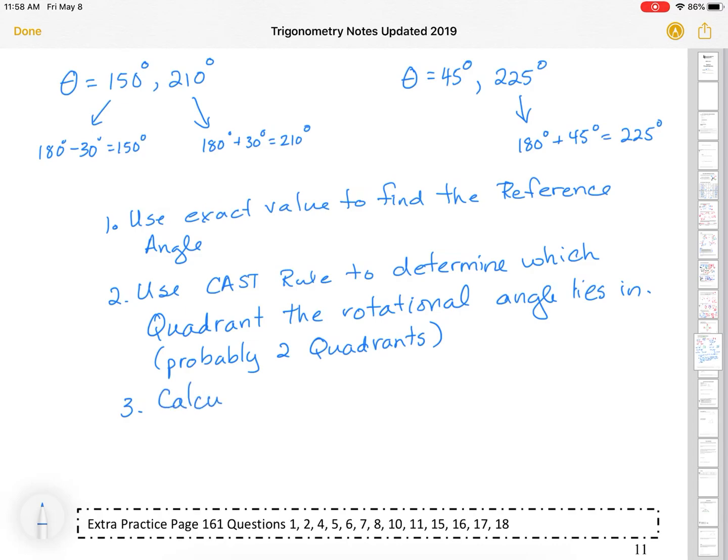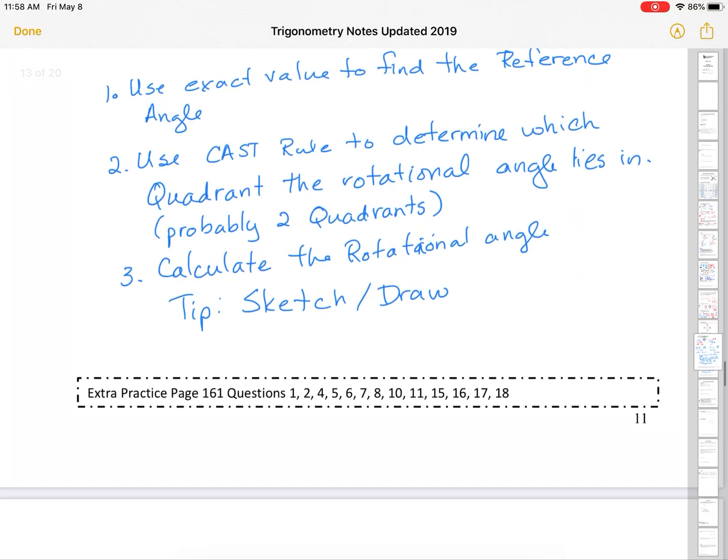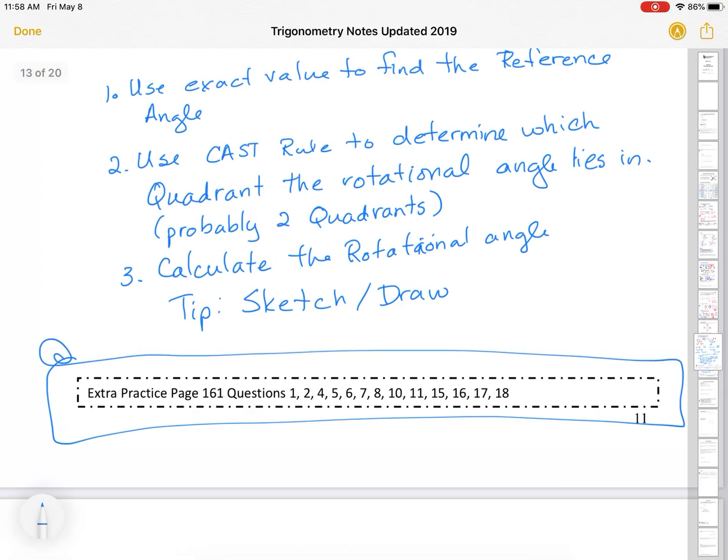Probably 2. Okay, and then calculate the rotational angle. And my big tip is sketch, draw. Okay, use your brain to figure it out in that respect.